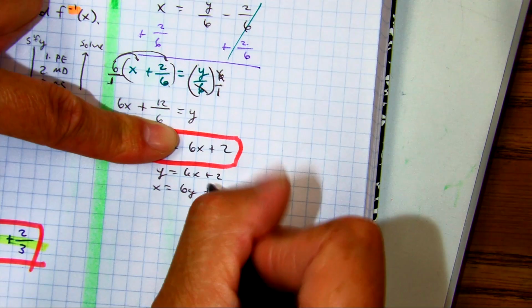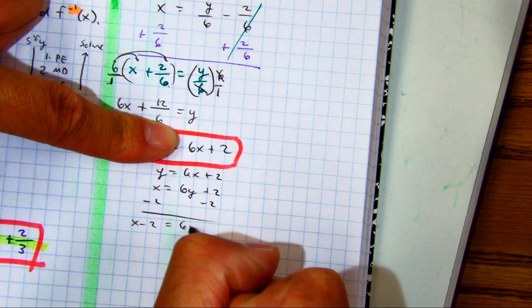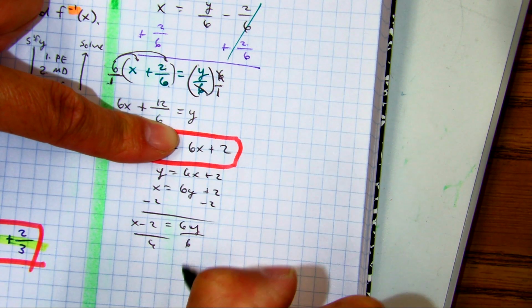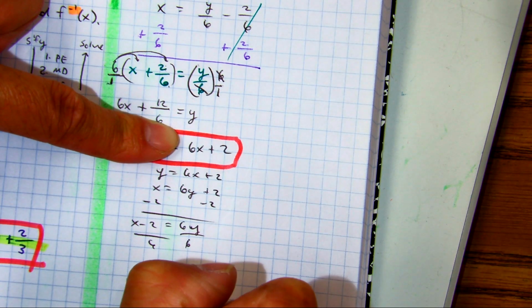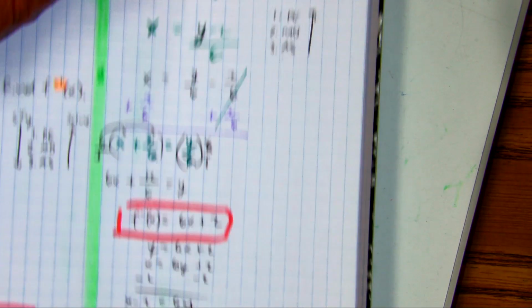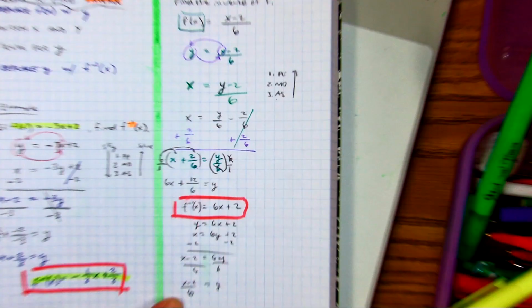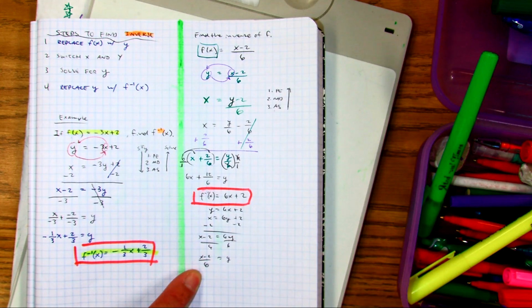And then you would subtract 2. You don't have to copy this down. Just watch. And then you would divide by 6. You get x minus 2 over 6. Isn't that the original answer? So essentially the inverse, you're just working kind of inversely, backwards.